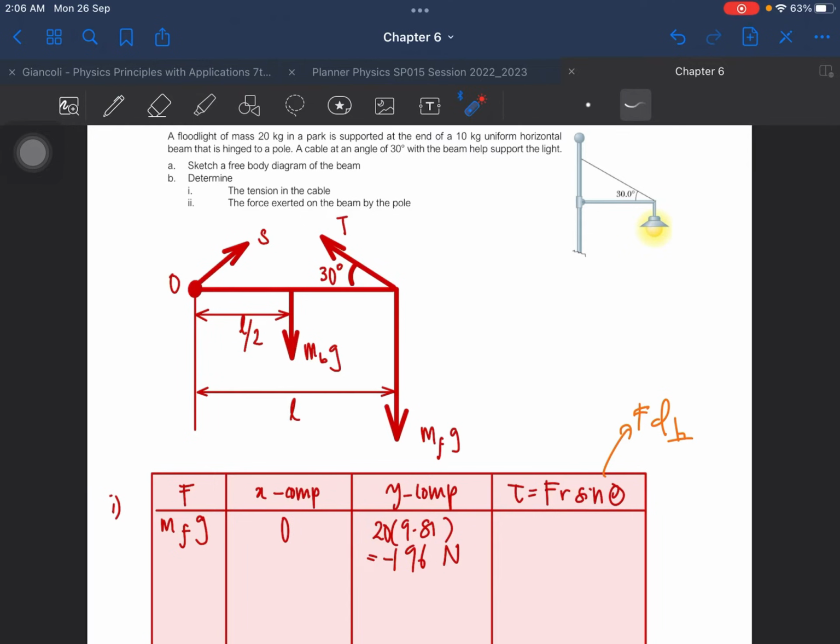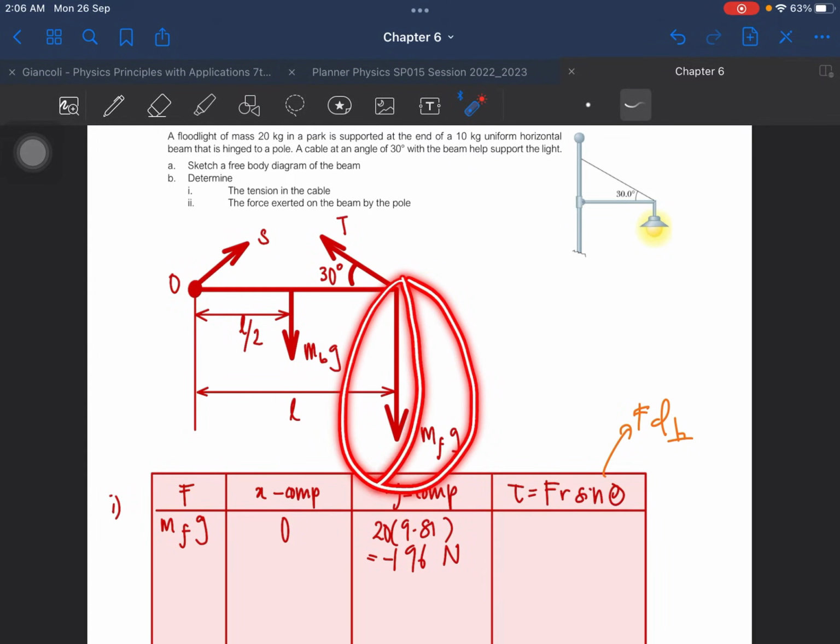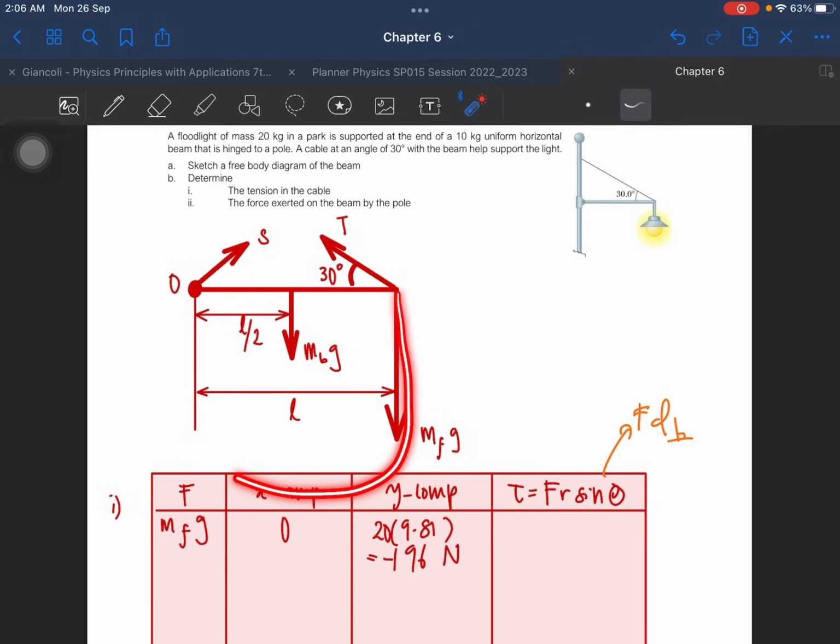And then for the torque of this floodlight, the rotation point is here, so the tendency to rotate towards this rotation point is clockwise, so it will be negative.